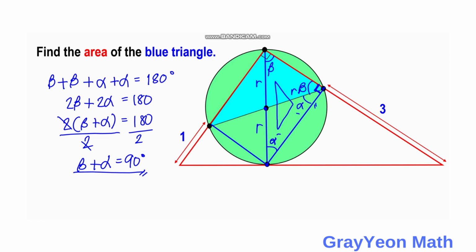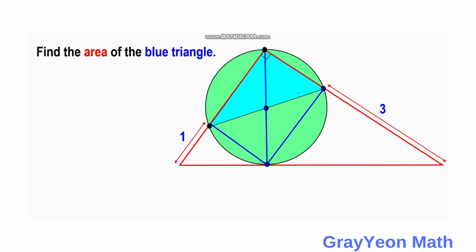As you can see, this angle is actually beta plus alpha, and as we have calculated, beta plus alpha is equal to 90. This angle is opposite the diameter, so this is 90 degrees.